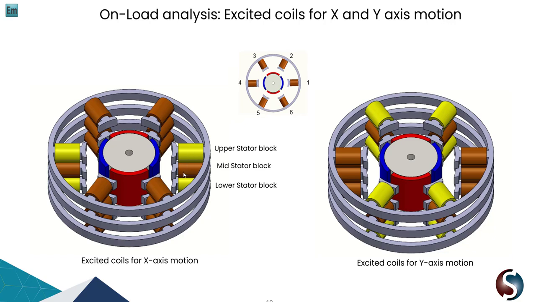By exciting the yellow coils and leaving the other coils with zero current, you can actually achieve a motion around the x-axis. Similarly, if you excite this other set of coils, you can achieve a motion around the y-axis. So the whole idea is how to excite the coils and which coils to design. That is the cleverness of this particular design.